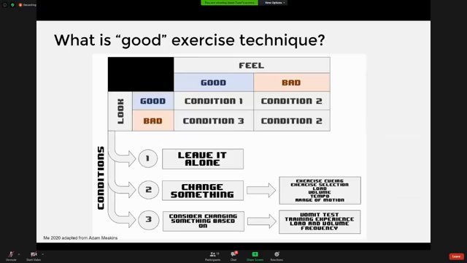A question that I would always get then is, what about technique? To dive into this a little bit, if something feels good and it looks good, then clearly you've picked it right, you've got a good exercise, you dosed it well, leave it alone. If something feels bad, we're always going to change it. Changing it doesn't necessarily mean we're going to totally jump onto the next exercise.